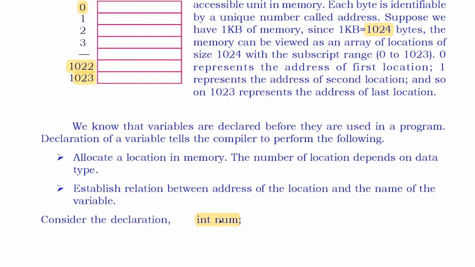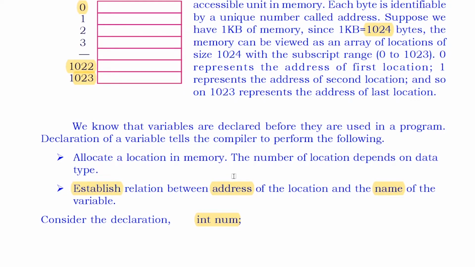If it is an integer it takes 2 bytes, if it is a float it takes 4 bytes. It also establishes a relation between the address of the memory location and the name of the variable. That is what we have been doing so far. This address and name association is established automatically by the compiler.